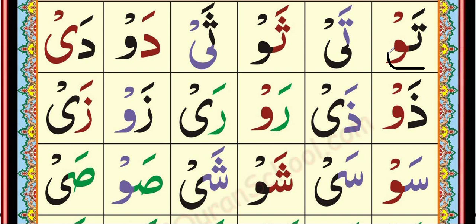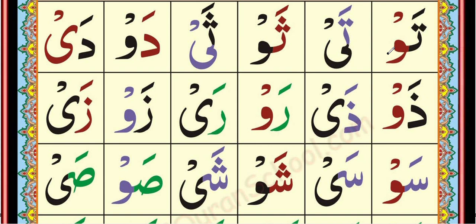The second thing is we read quickly, like tau, thou, low, dow, show, mo, go, bow. We read it quick, a little bit, not long.